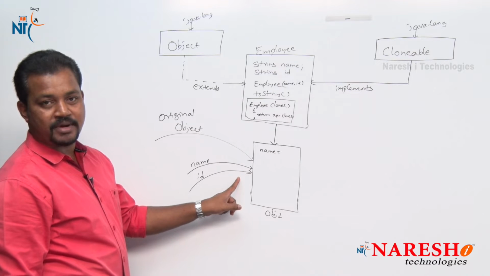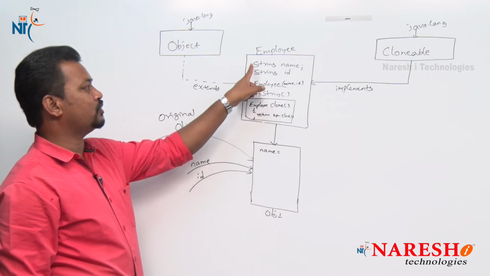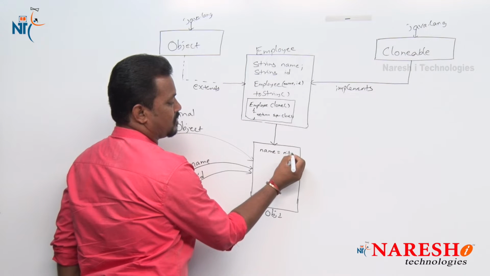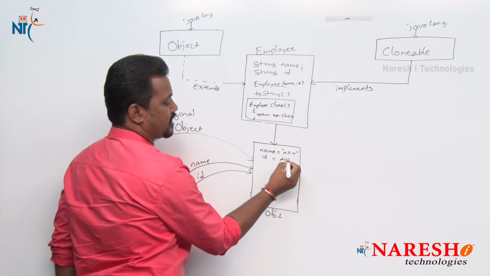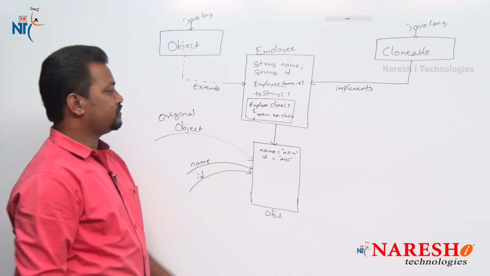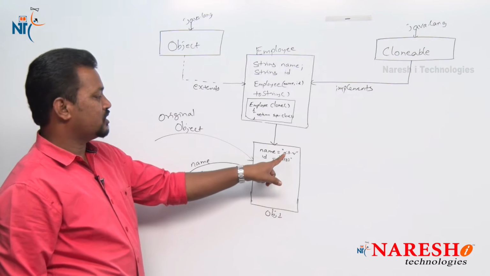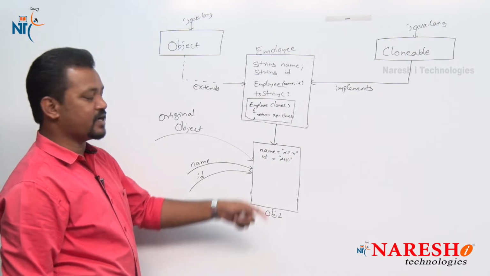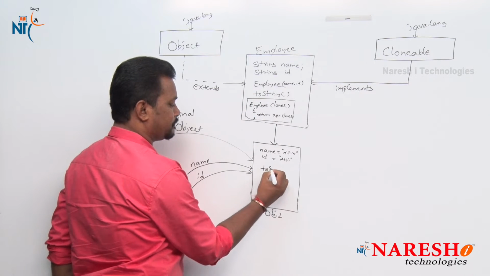Whenever I pass parameters while object creation, name and ID, they are bound to these instance variables. So they come as data here. Imagine the object has been created with the name as nit.v and the ID as A123.